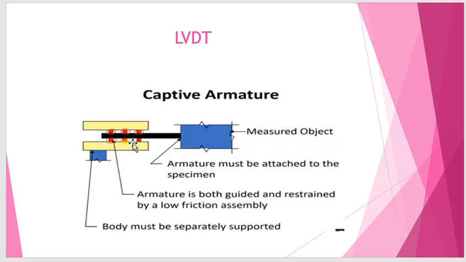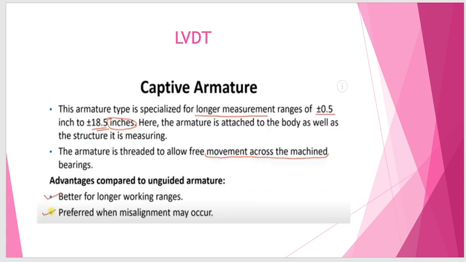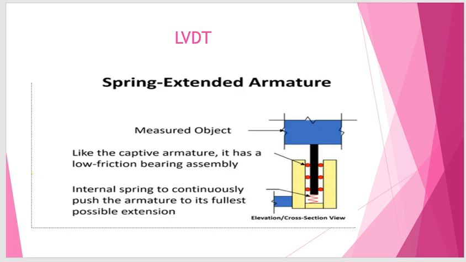Now looking at the bearing system, next we have the spring extended armature. You can see the bearing balls here, and in addition there is a spring provided for maximum extension. We can use it until we reach that maximum extension.